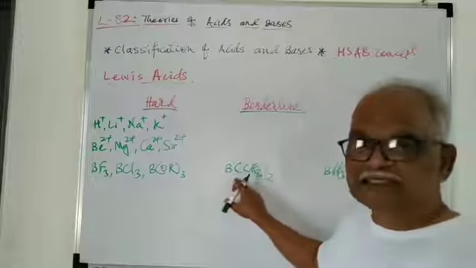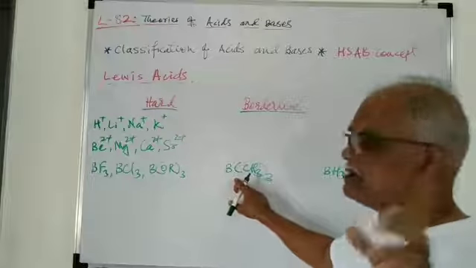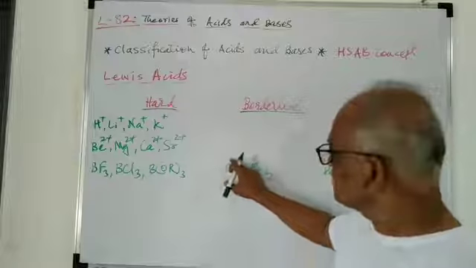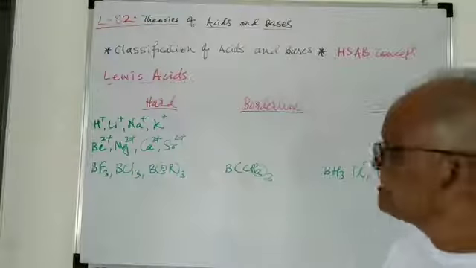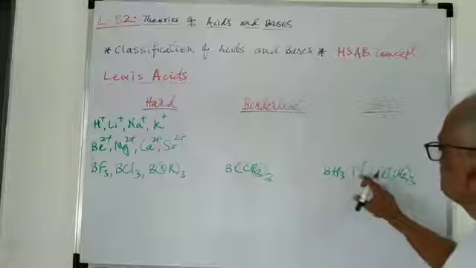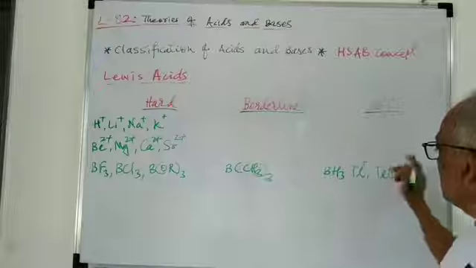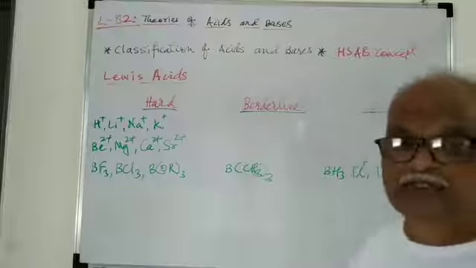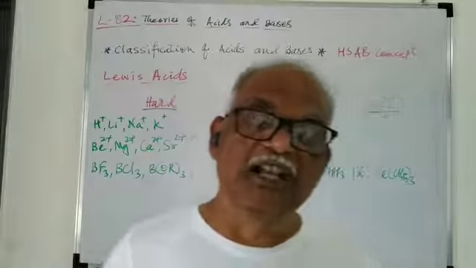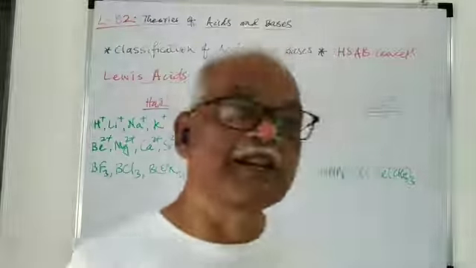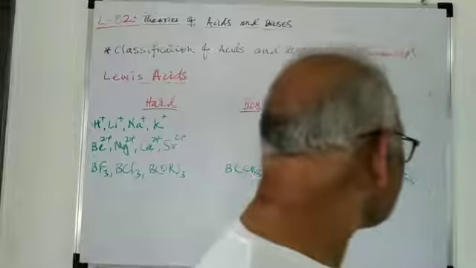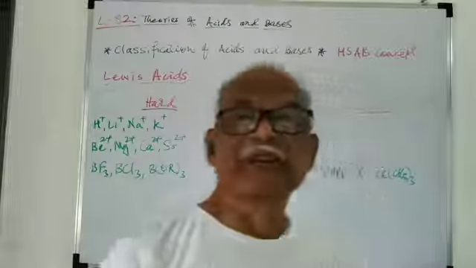CH3 will supply electrons in small quantity to this boron, so electron density is not removed like in these species. Now Tl3 plus, as we have already seen in previous discussion, Tl3 plus and Tl1 plus are softer species. So because of this CH3, it becomes again softer.